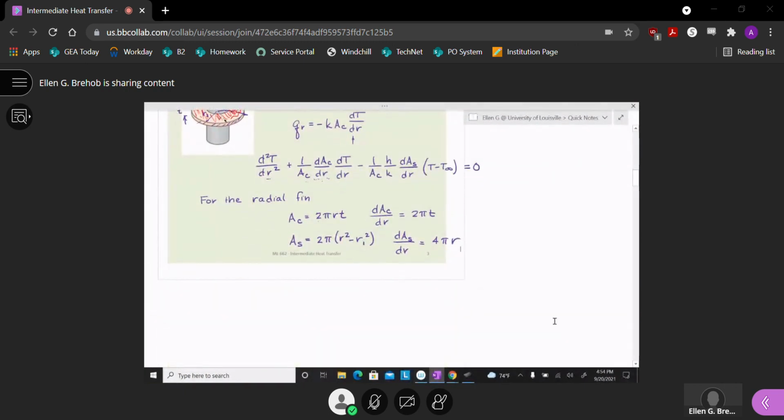So we're going to substitute into this previous equation. All right, and you can already see a lot of things are going to cancel out, but I'm going to follow my plan. Ooh, that's a plus sign. So I've got 1 over 2 pi r t. This derivative of cross-sectional area with respect to r is 2 pi t.